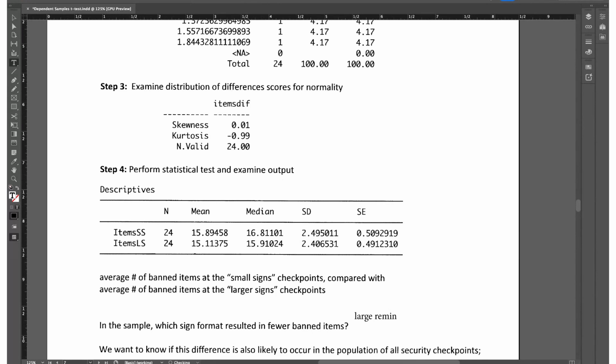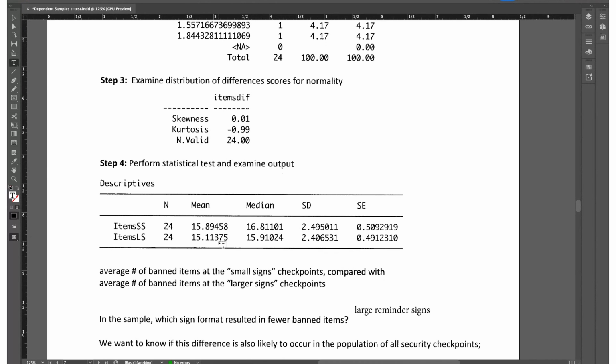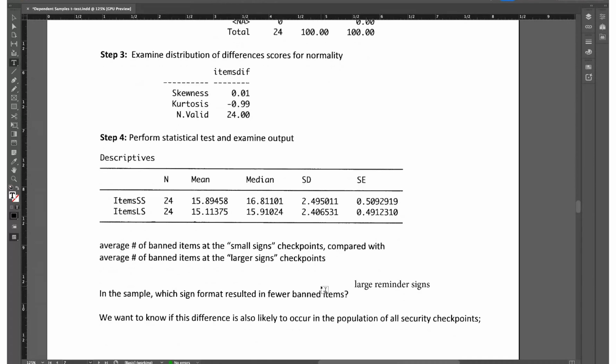Large reminder signs, because that's got a lower mean than the one above it. Okay, so given these numbers here, we want to know if this difference is also likely to occur in the population of all security checkpoints. Because remember, right, we don't care what the sample says because samples lie.